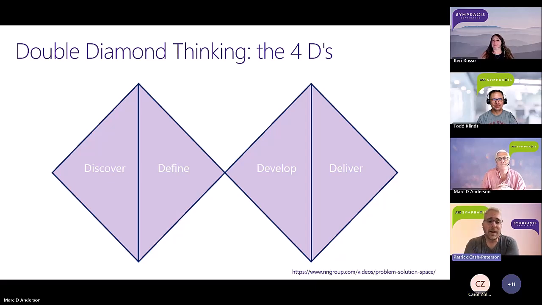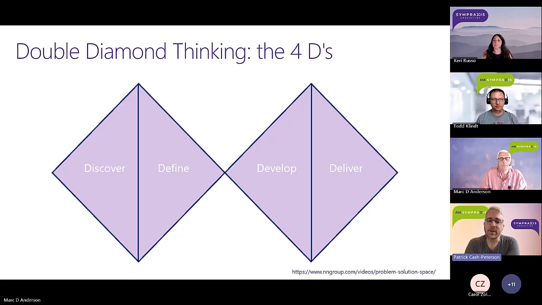Okay, so I think what we're getting from this is that there are lots of different ways to talk about discovery, and it is often difficult to get people to buy into the process and what that entails. One way to think about it is what Mark switched to here, called the double diamond thinking method. I called it the 4 Ds of discovery, which is discover, define, develop, and deliver.